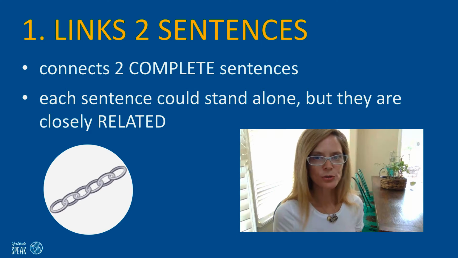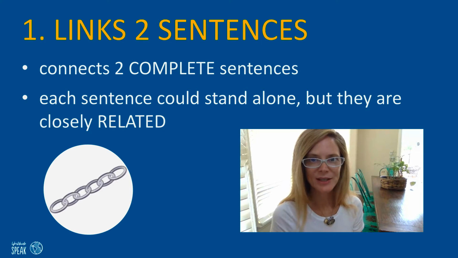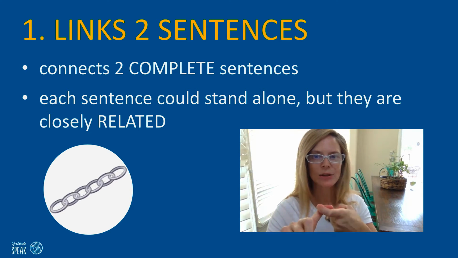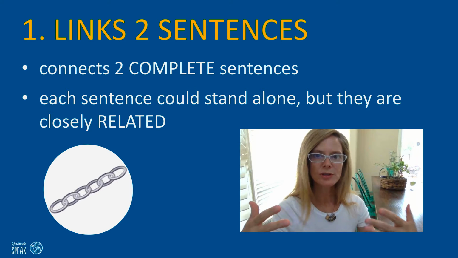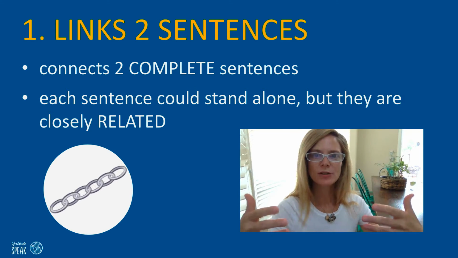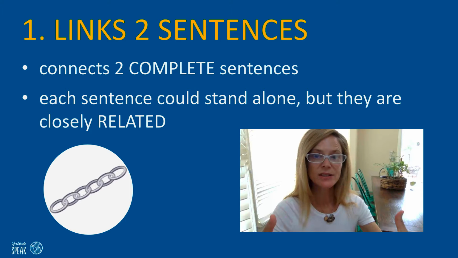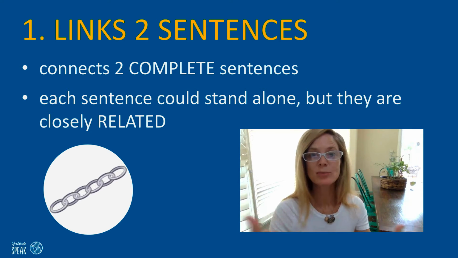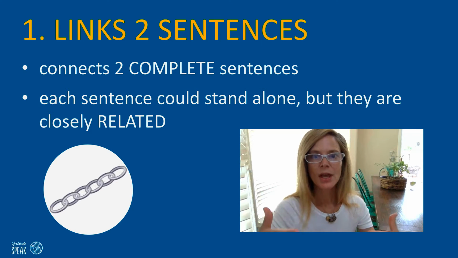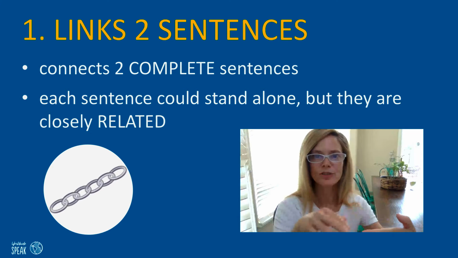Okay, the first use of the semicolon that I'd like to explain is that of linking. So you can use the semicolon to connect 2 complete sentences or 2 independent clauses. Those sentences can stand alone. The first sentence ends in a period and the second sentence ends in a period.